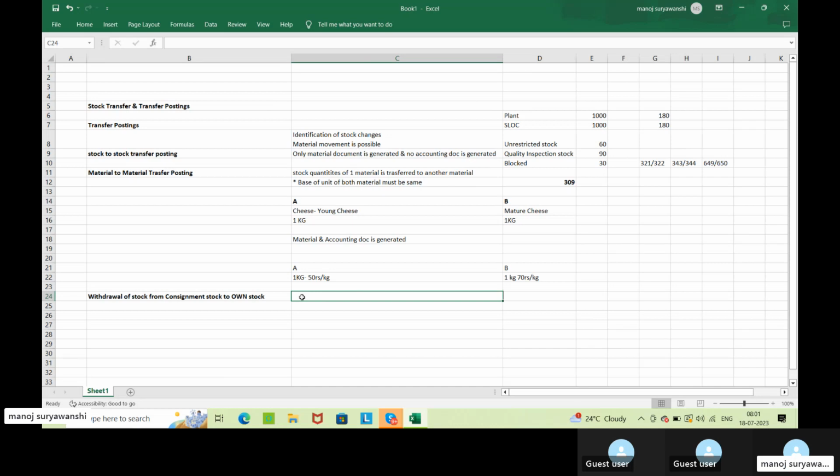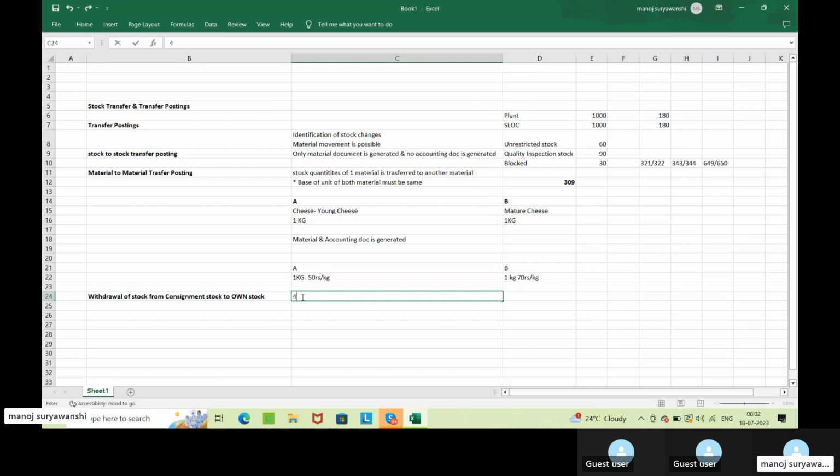So when we withdraw the stock quantities from vendor consignment stock to our own stock, that is also called a transfer posting, because again in this transaction the identification is changing from vendor consignment stock, we are moving it to our own stock. तो अब तक जो quantity vendor consignment कहलाता था, after the goods movement it will be our own stock.